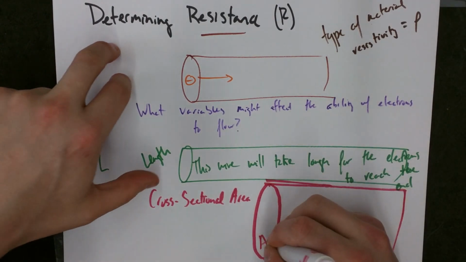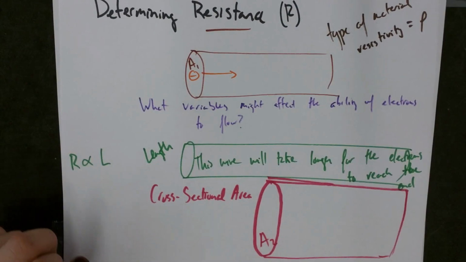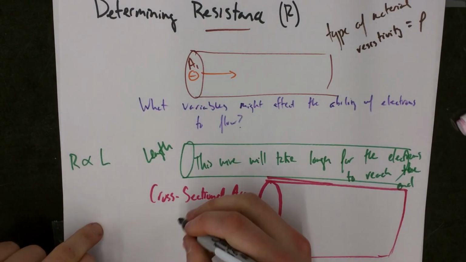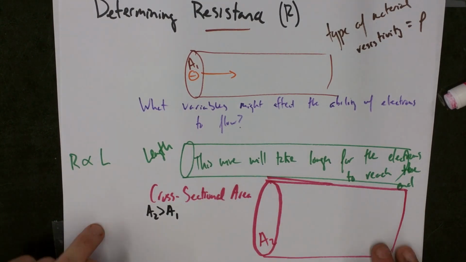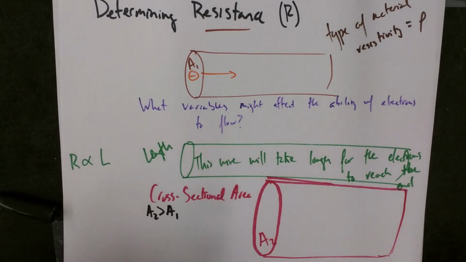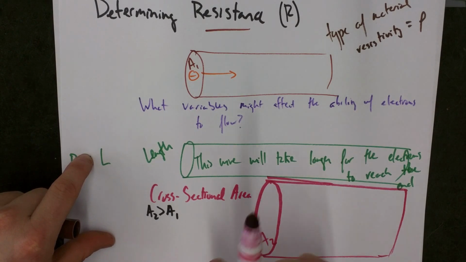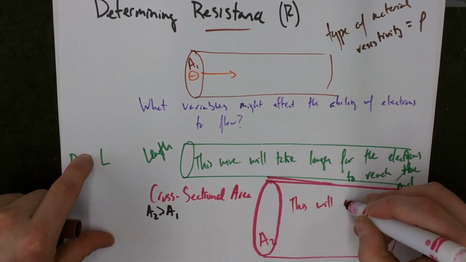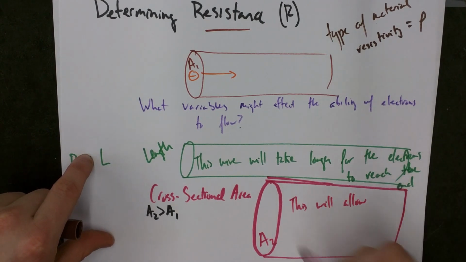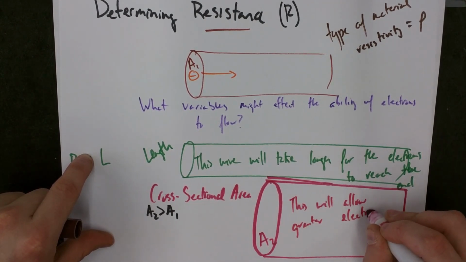So this is A2, this is A1, and we'll say A2 is greater than A1. Well, with the greater area, there's more space for electrons to flow through from this point to that point. So this will allow greater electron flow.